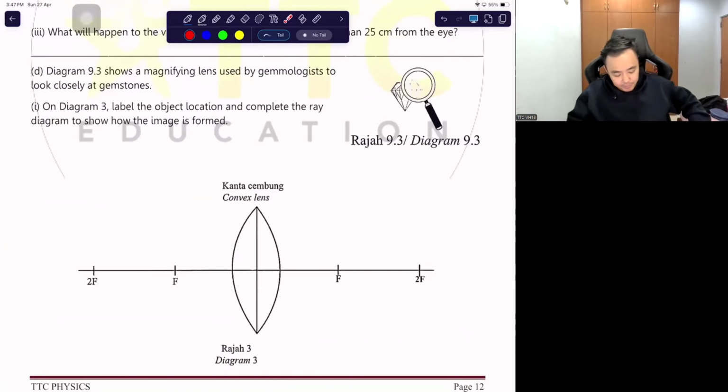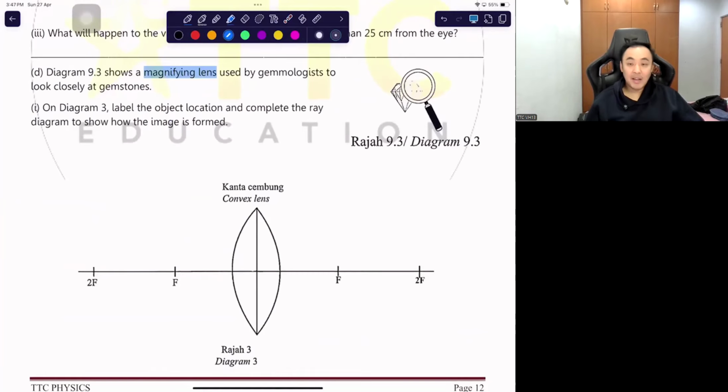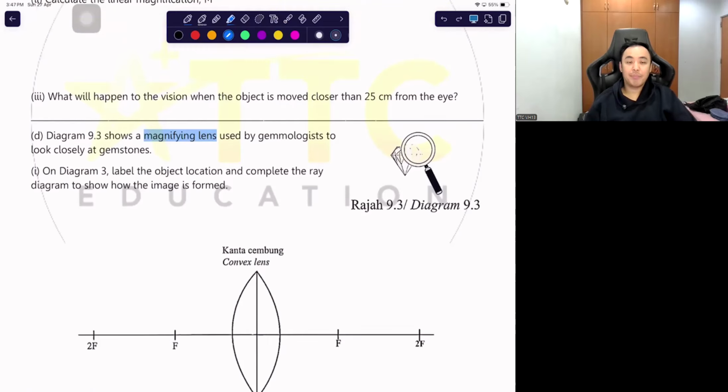Now, there are two types: the convex lens and the concave lens. First of all, this is a magnifying glass. Should a magnifying glass use convex or concave? What do you think?